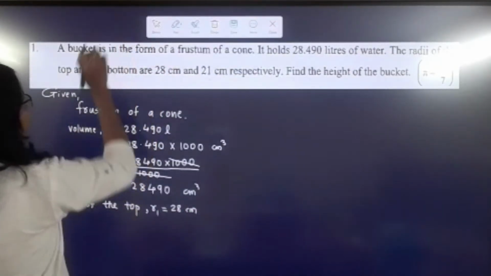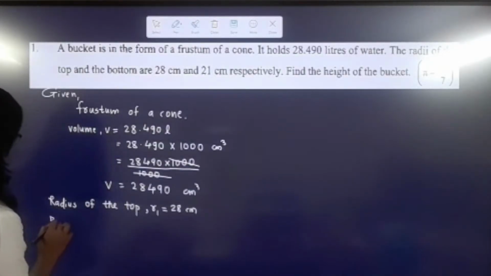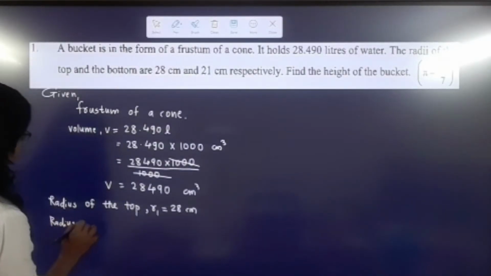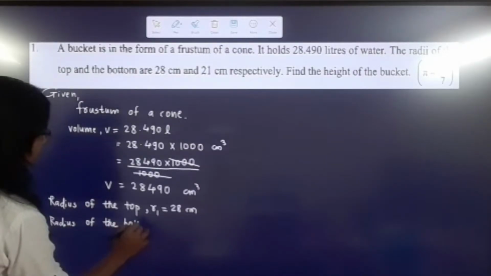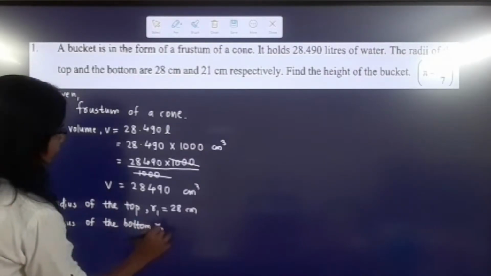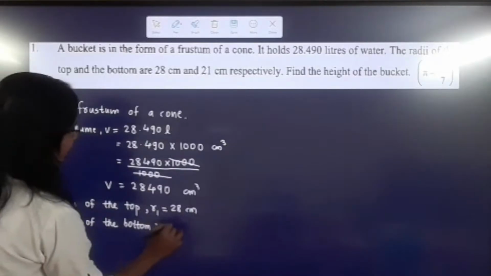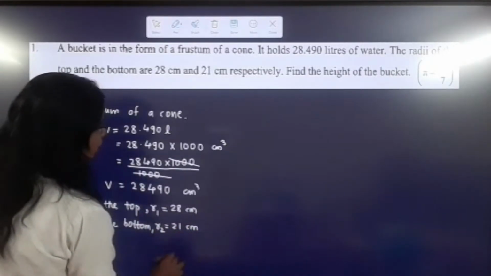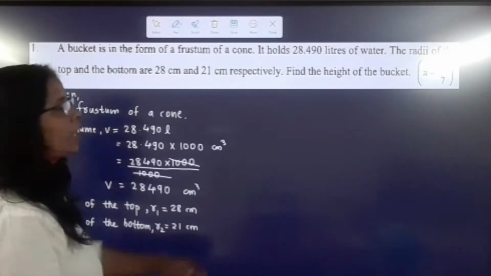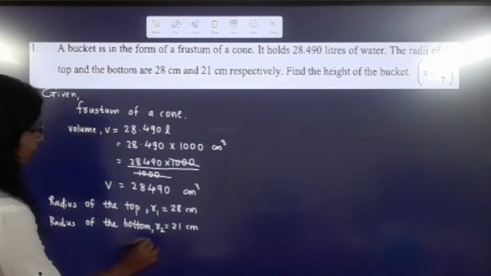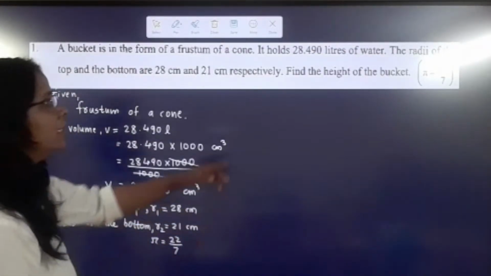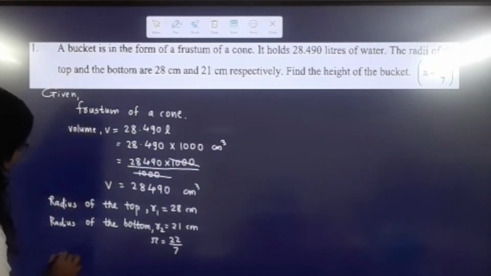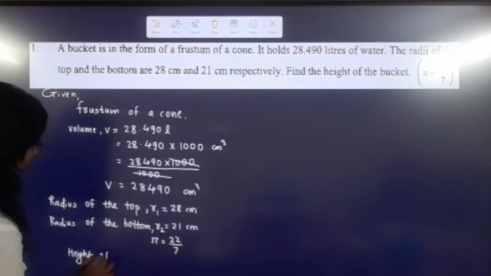Then the radius of the bottom, R2, is equal to 21 centimeter. Also pi is equal to 22/7, and lastly I write down the height of the bucket.